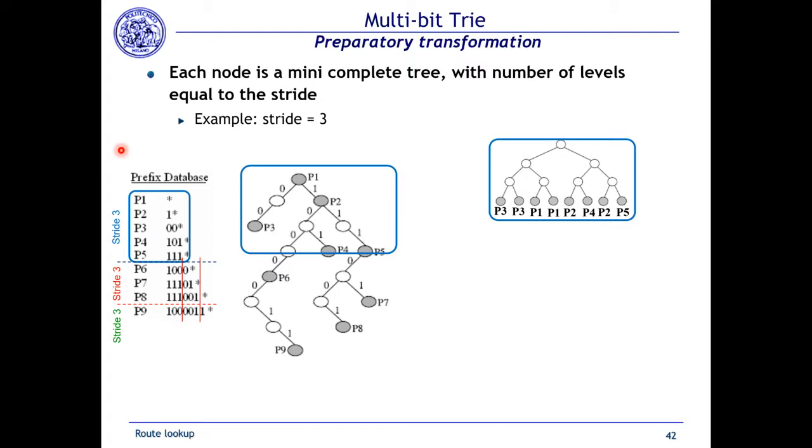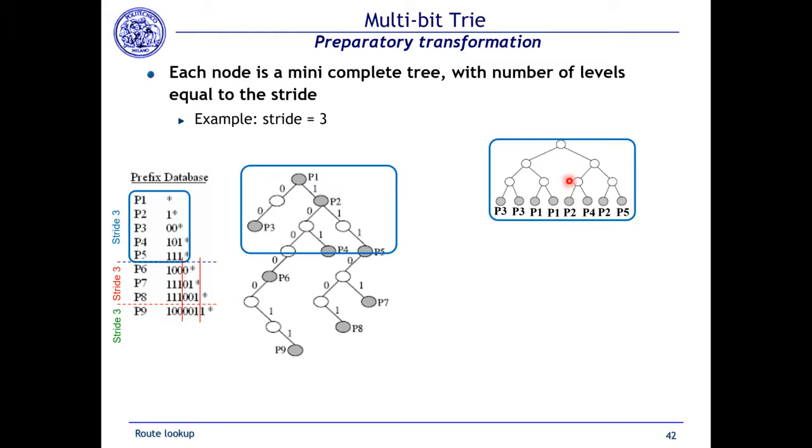You take the gray nodes that are already at the bottom level. P4 and P5 have a length equal to 3, so they stay in the same position in the complete trie.